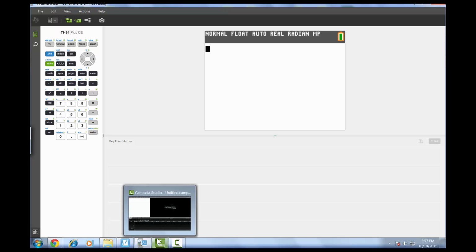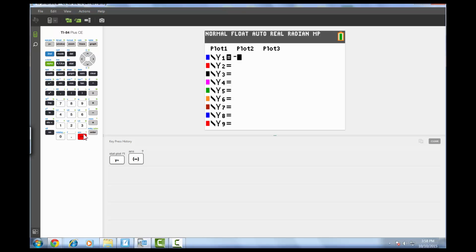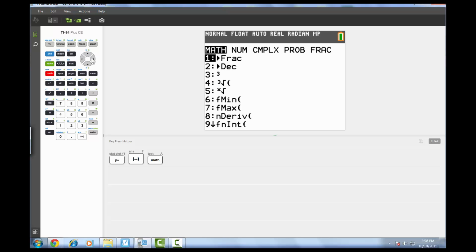Let's go ahead and take out the 84. We first have to tell the calculator what our functions are. So we're going to go to y equals, and then we're going to type in our function. We have, for the first one, negative absolute value. To pull up an absolute value, you're going to hit math, scroll over to num, and notice the first option is ABS. That stands for absolute value, and then it has like an opening parentheses.